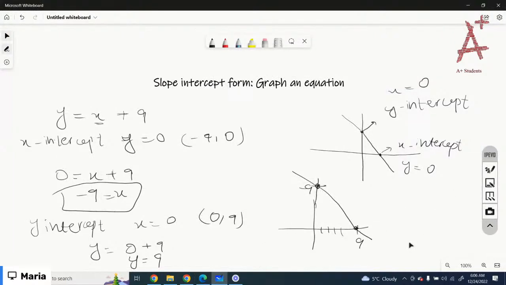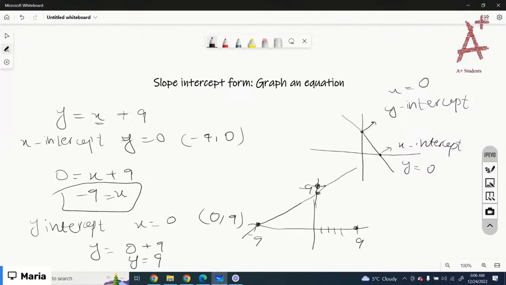This is not the correct one. X is negative 9 and Y is positive 9. So here you have negative 9 on this side of the graph. So you have to connect these 2 points. This is, let's suppose, 9. So this is actually the graph of the equation.